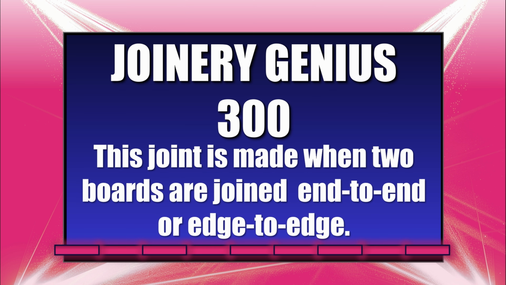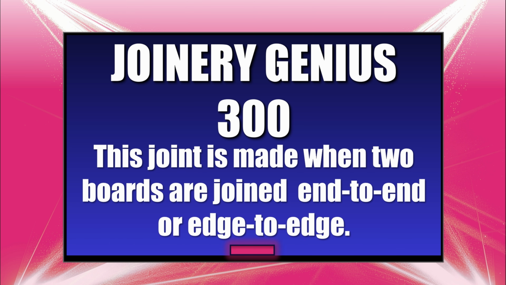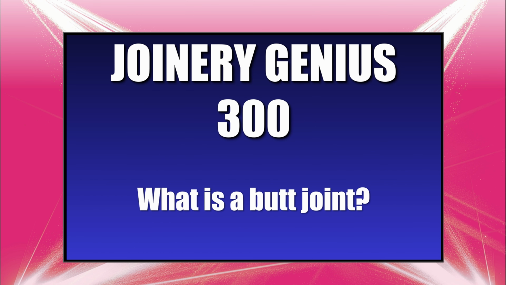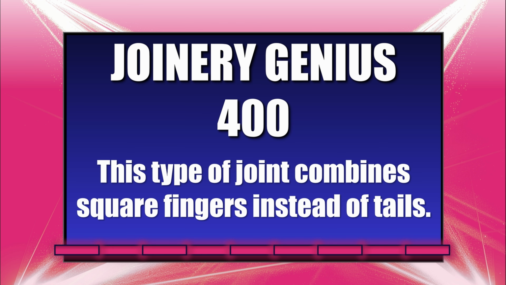Joinery genius for 300. This joint is made when two boards are joined end to end or edge to edge. What is a butt joint? Joinery genius for 400. This type of joint combines square fingers instead of tails.